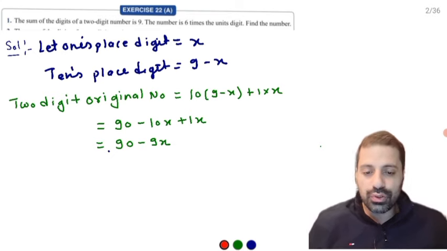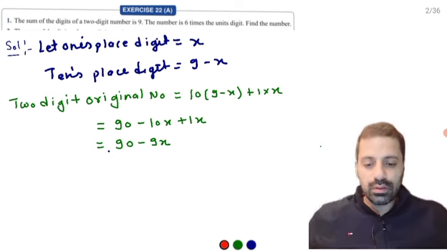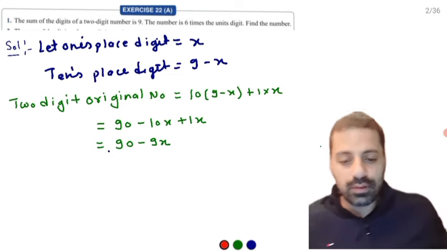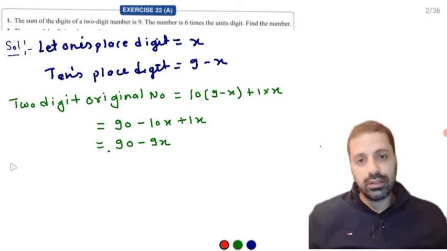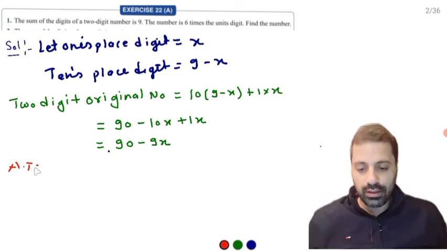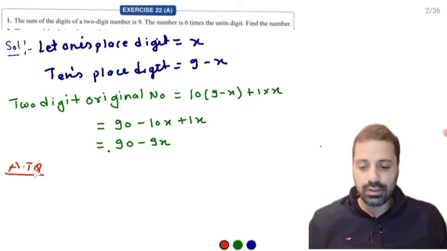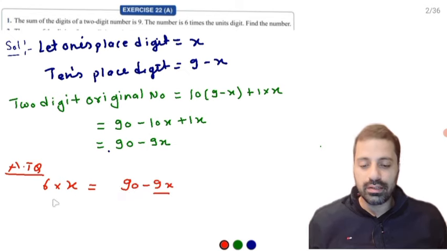Now according to the question, the number is 6 times the unit digit. So the condition is that 6x, 6 times the unit digit, equals the two-digit number 90 minus 9x.